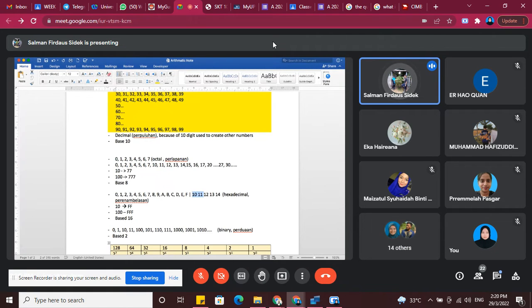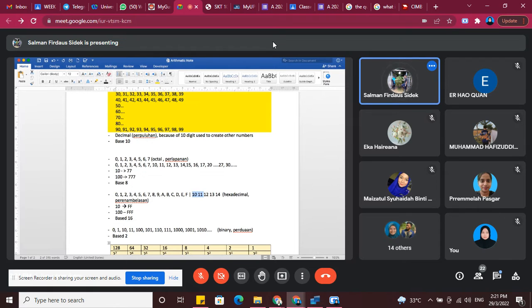The point here, I just want to make sure that you know how to create the numbers from the given set of digits. Let's say I ask you to create a sequence of numbers for the pental system. Pental means 5, so we only have 5 digits. What is the sequence of numbers for 5 digits? 0 to 4, starting from 0 to 4 for the single digit.